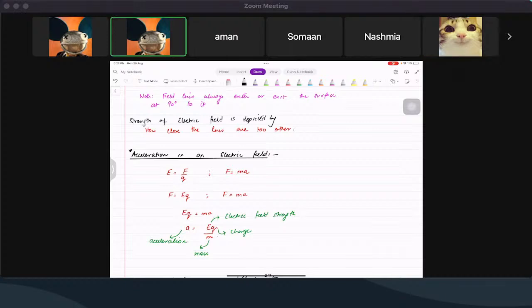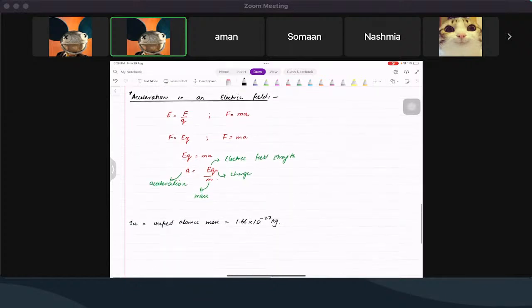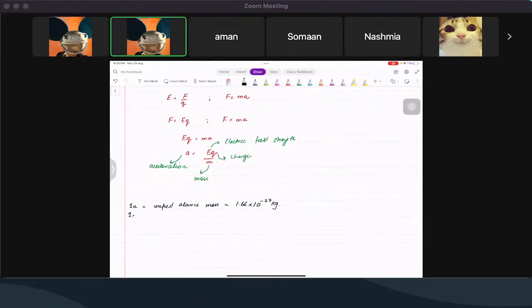Okay, now. So, 1e is considered to be the elementary charge, and elementary charge is 1.6 times 10 raised to minus 19 coulombs.